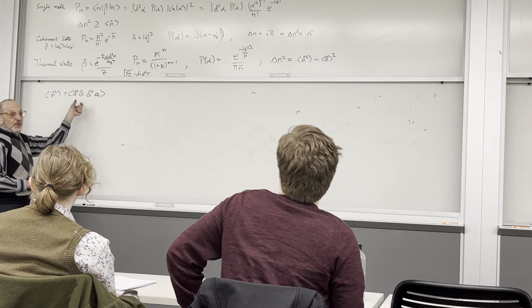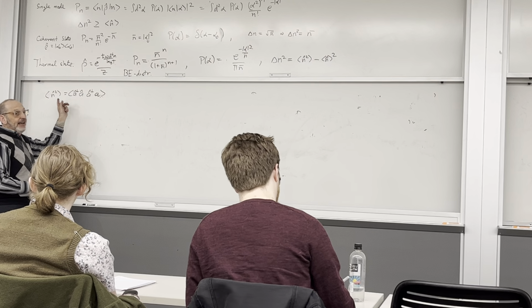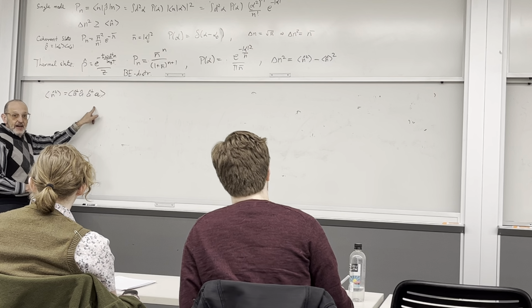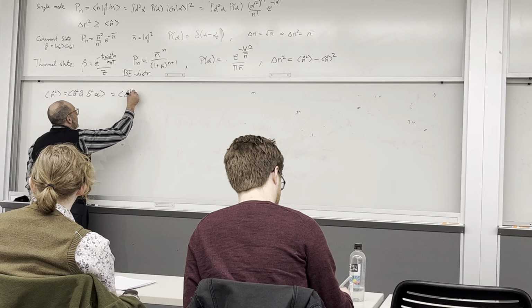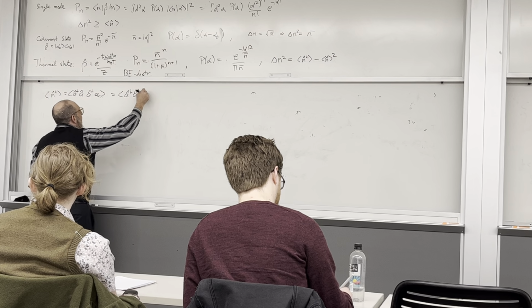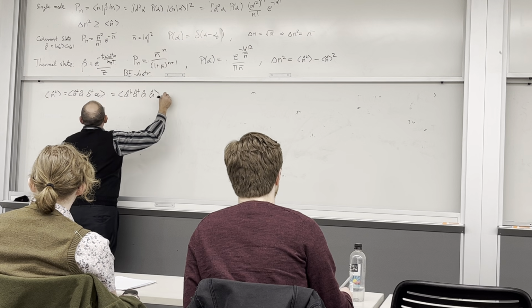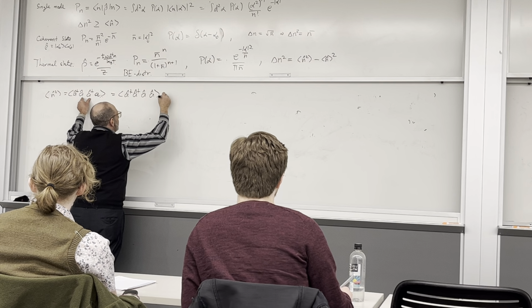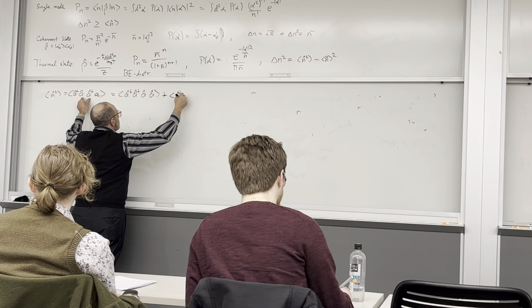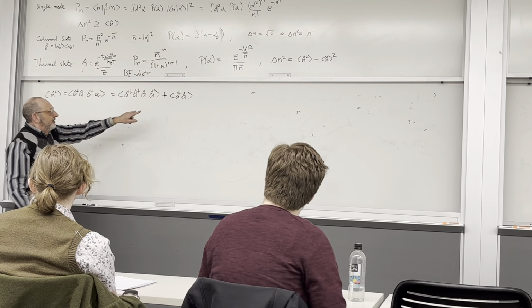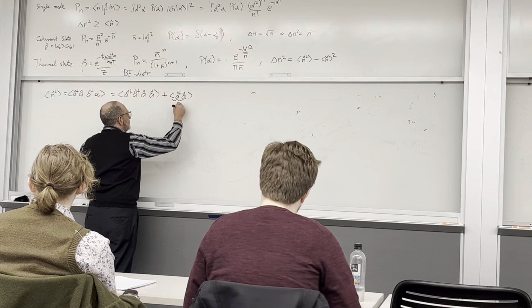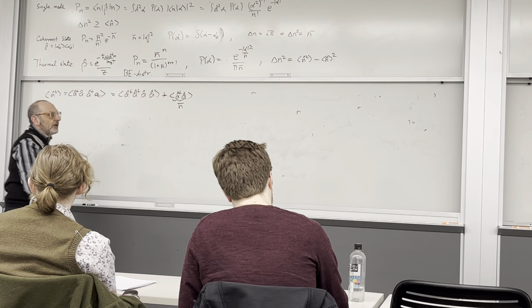So I'm going to commute this to put the A dagger on the left and the A on the right. So that is equal to A dagger times A dagger A plus the commutator, which is 1. Everyone see that? So that's the mean n. Okay?